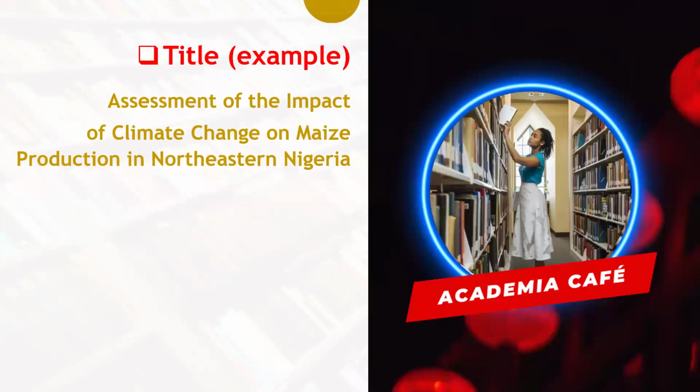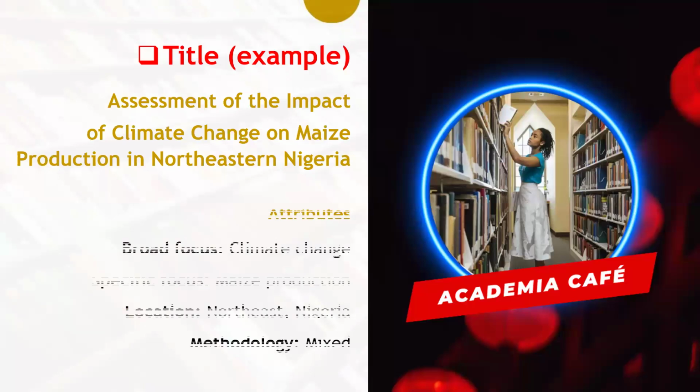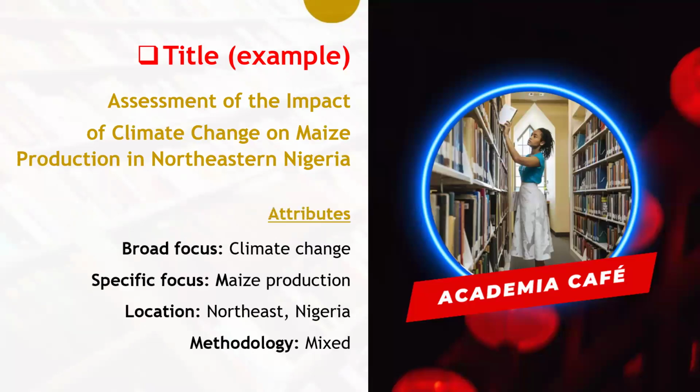So let's take a look at an example. Assessment of the impact of climate change on maize production in northeastern Nigeria. Looking at this title, we can say that it clearly communicates attributes that convey the essence and scope of the proposed study with specificity and clarity.